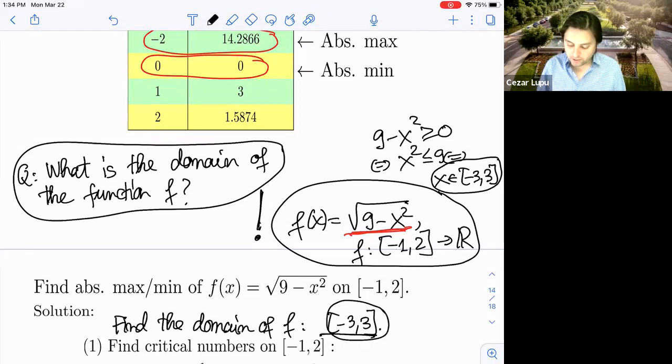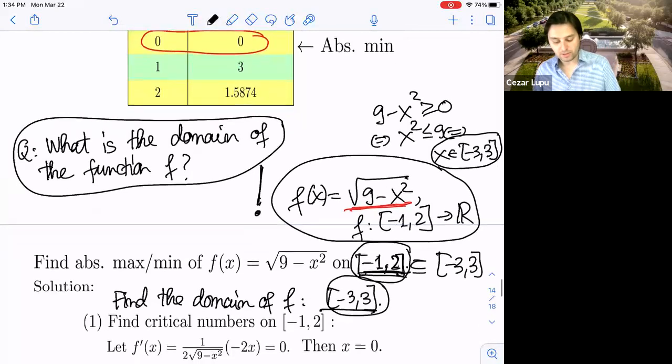But here the function is defined on the closed interval -1 to 2. This is a subinterval of [-3, 3], which is great. So we need to find them on a smaller interval. Since we're restricted to this interval [-1, 2], we will find the critical numbers on this interval.